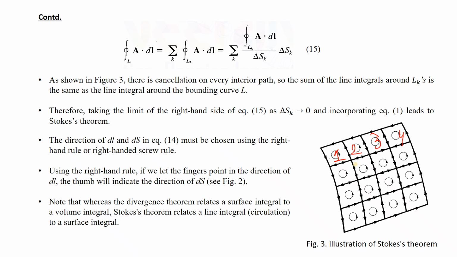That means line integral of the first cell, line integral of the second cell, line integral of the third cell or fourth cell, line integral of the fifth cell, sixth cell, and so on.